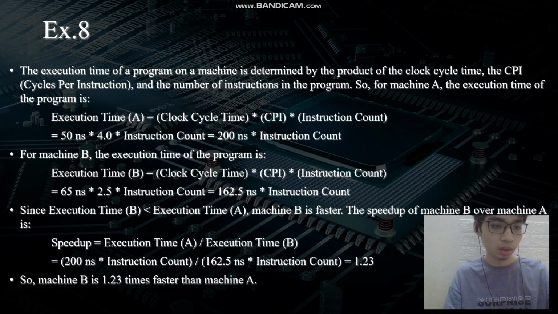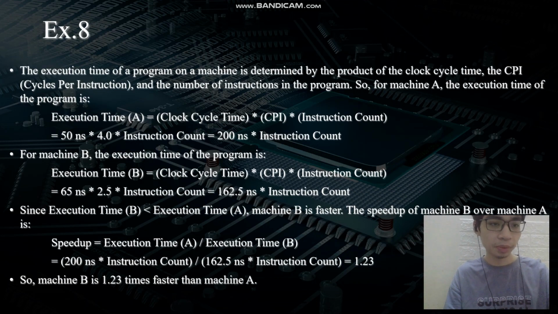First, I calculate the CPU time of machine A using the given information: instruction count multiplied by CPI multiplied by clock cycle time equals 2 times 10 to the power of negative 7 times instruction count. By using the same formula, we get the CPU time of machine B equal to 1.625 times 10 to the power of negative 7 times instruction count.